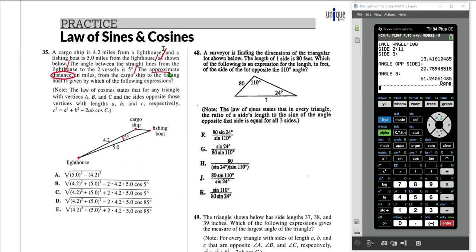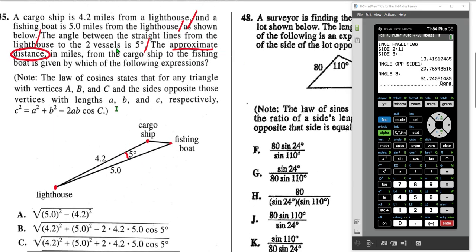It is an approximate distance they're asking for, from cargo ship to fishing boat. So it is this distance right here that they are looking for. That very small distance, or what seems like the smallest distance, from the cargo ship to the fishing boat.